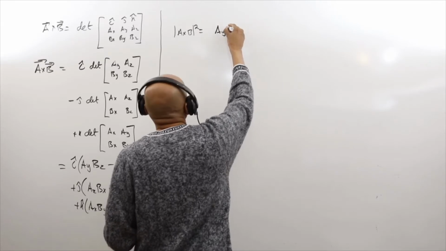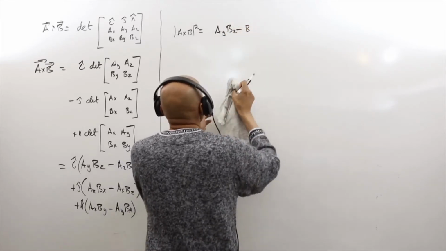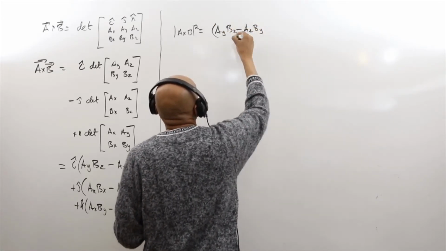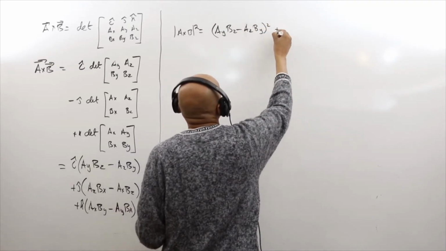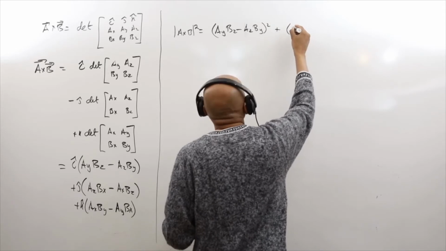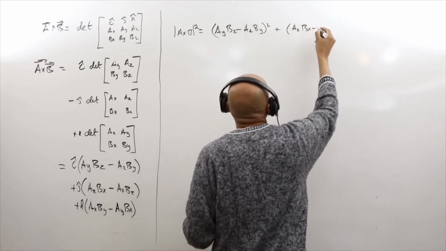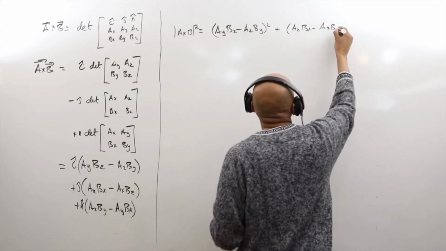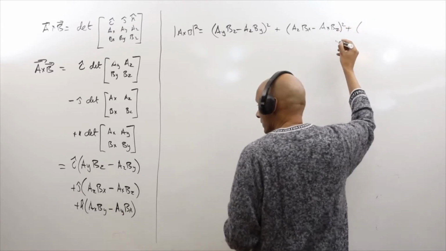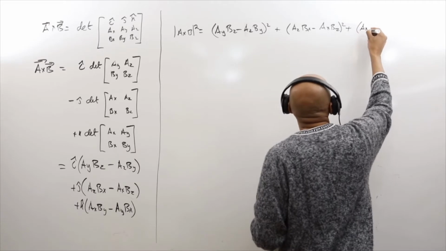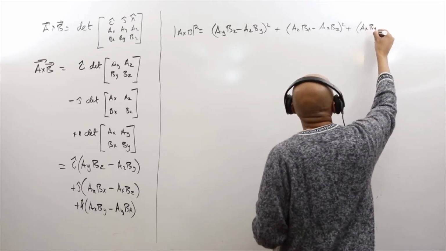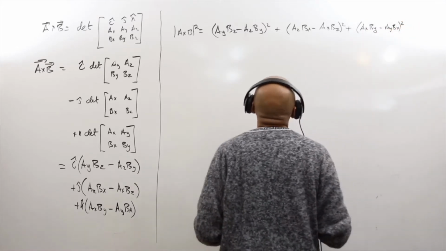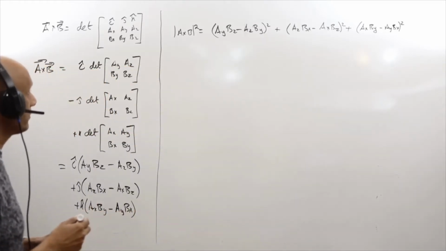(Ay Bz minus Az By) squared plus (Az Bx minus Ax Bz) squared plus (Ax By minus Ay Bx) squared. So we have this long expansion of A cross B squared.